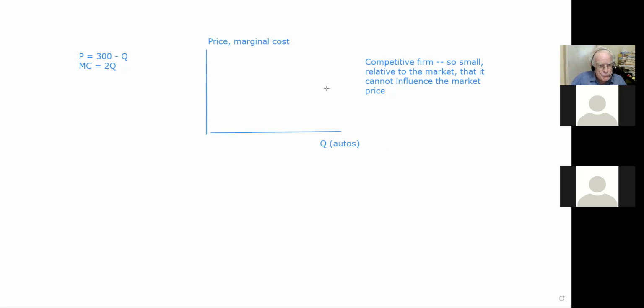So here's the price of automobiles set by the market, not by this particular firm. And here is the marginal cost function for this firm.